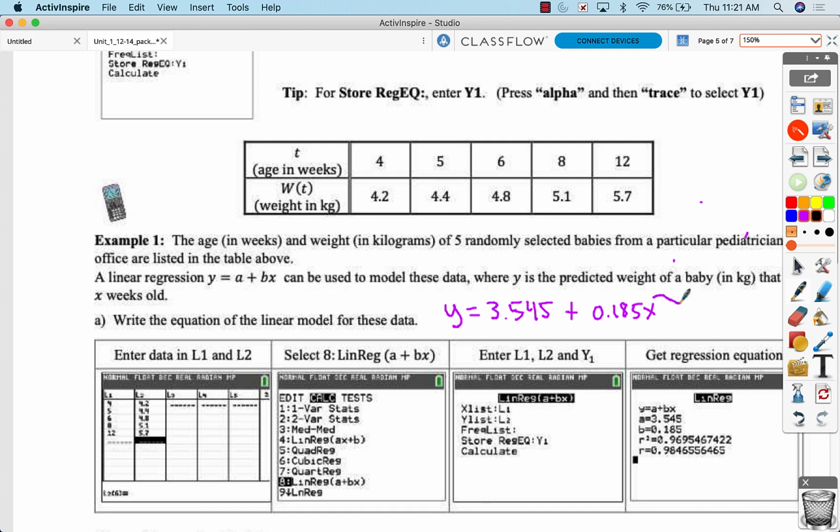Now remember, the x's are your age, and your y is your weight. After you find the model, they're just going to say predict the weight for a baby that's this many weeks old. That's how they're all going to work.